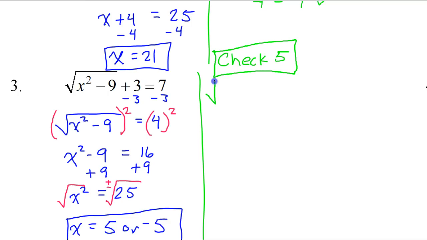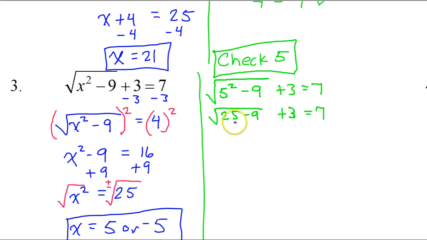So that would be the square root of 5 squared minus 9 plus 3 equals 7. Alright, so let's check that out. So this would be the square root of 25 minus 9 plus 3. 25 minus 9 is 16.